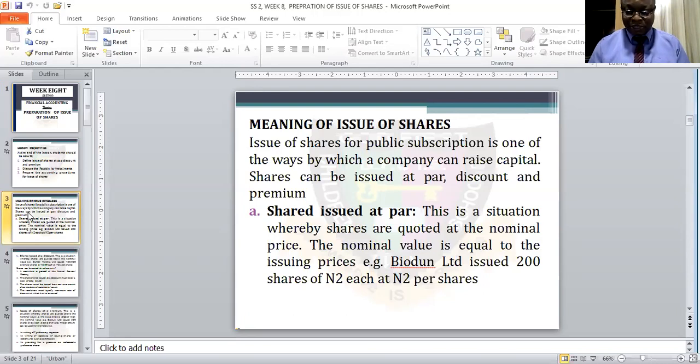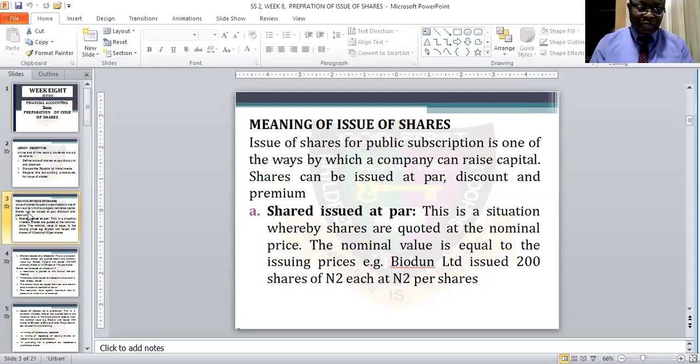At the same time, the shareholder also pays 2 naira. So that is at par, at equal, simply means at par. At 2 naira per share, the shareholders also pay 2 naira, that is at par.